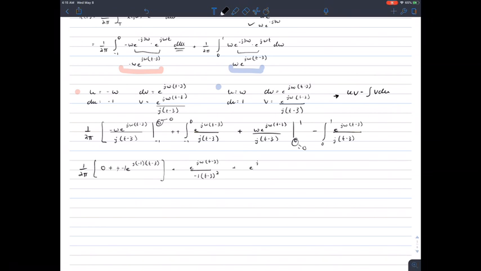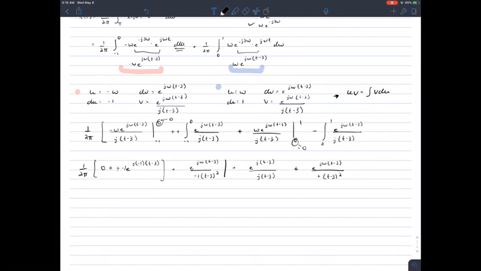This is going to give us e to the j(t minus 3) over j(t minus 3), minus e to the j omega (t minus 3) all over j squared, which is negative 1, negative (t minus 3) squared.